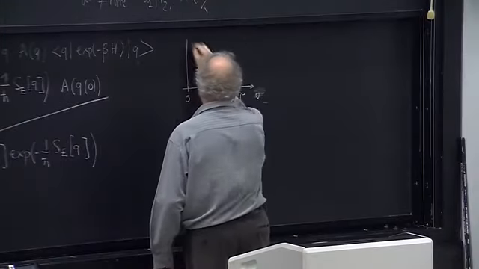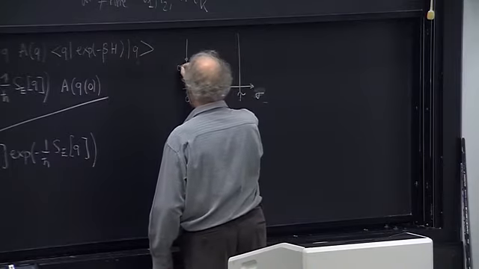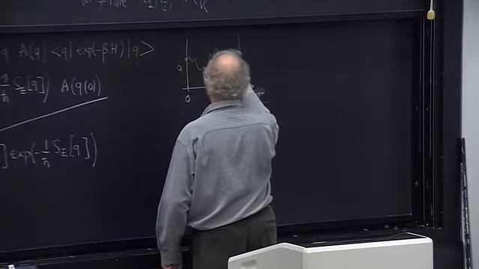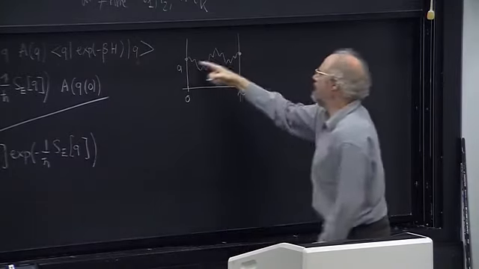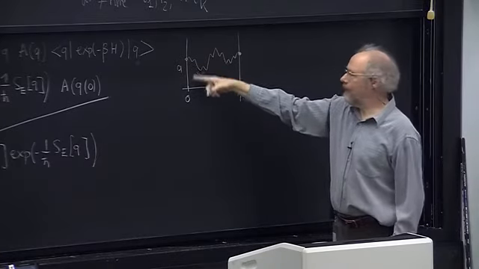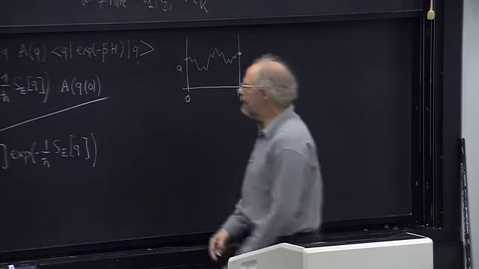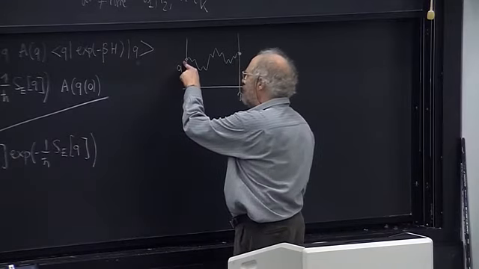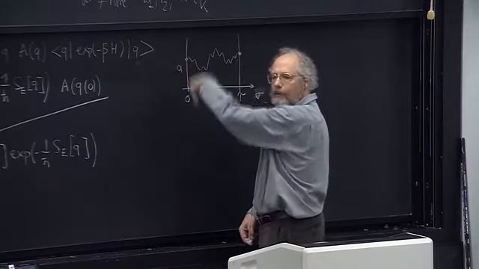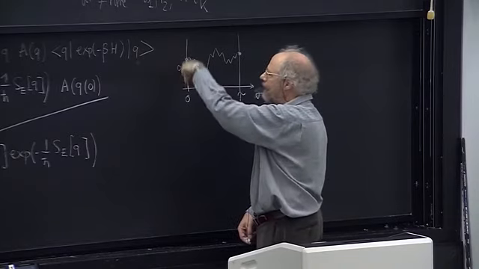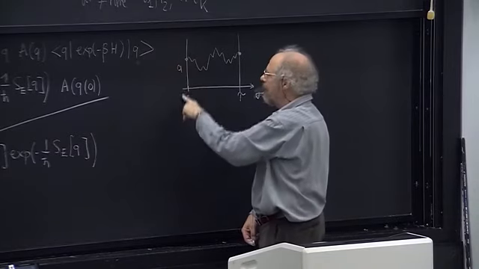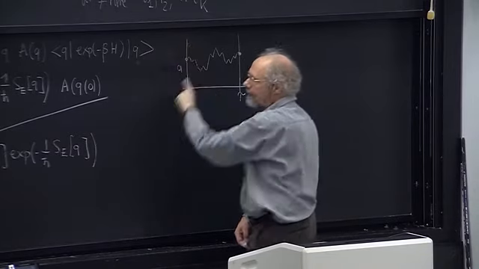I integrate over periodic histories, where you end up at the same point that you started from, but you cannot choose q with a uniform probability anywhere on the real line, because this is weighted by A of q.